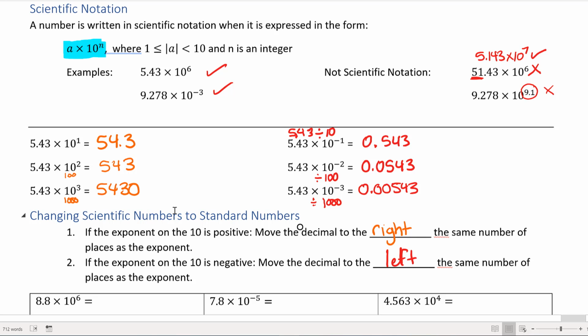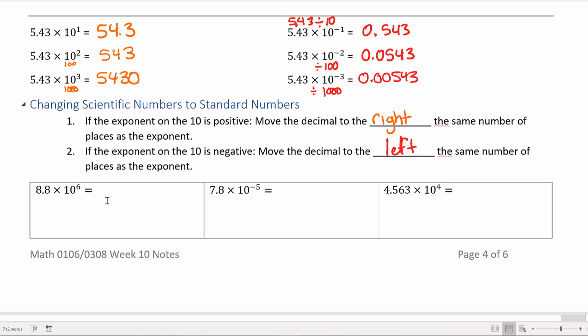So let's show how to change these examples in scientific notation to regular standard numbers. If the exponent here is positive, then I'm going to take this 8.8 and move the decimal over to the right 6 places. 1, 2, 3, 4, 5, 6, and fill all those places with zeros.